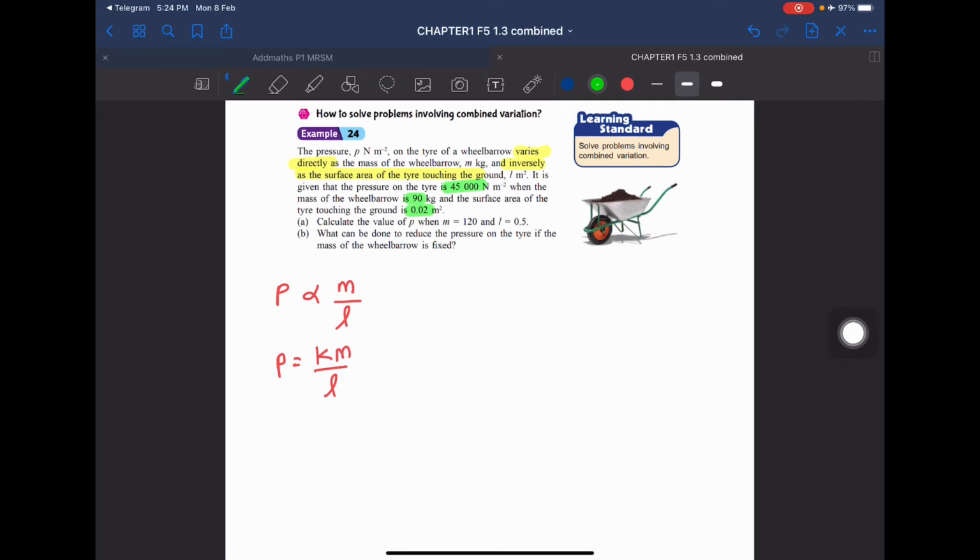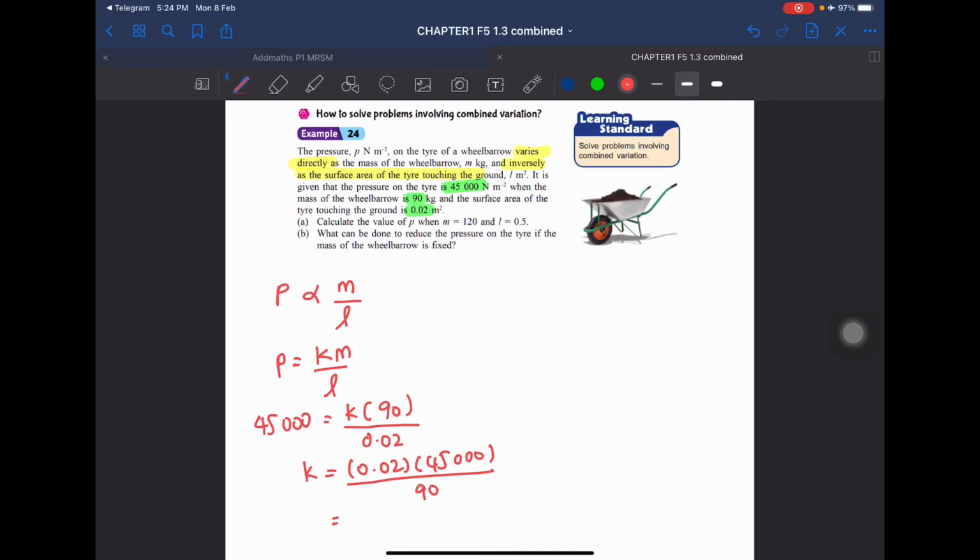So we have 45,000 is equals to k, M is 90, divided by L, surface area is 0.02. So your value of k is 0.02 times 45,000 divided by 90.